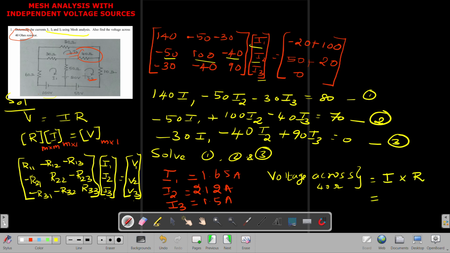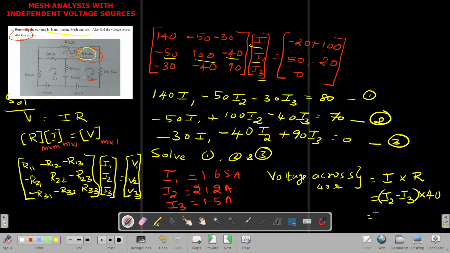As we can see in the circuit, the 40 ohm is a resistor connected in common between mesh 2 and mesh 3, which means it carries the I2 and I3 currents, and based on the direction we assumed, both currents are opposite to each other. So the current through the 40 ohm is I2 minus I3, multiplied by the resistance of the resistor, which is 40.